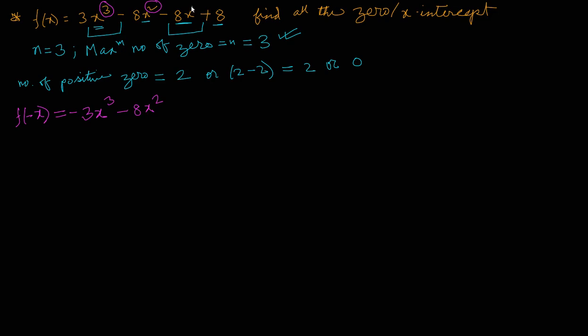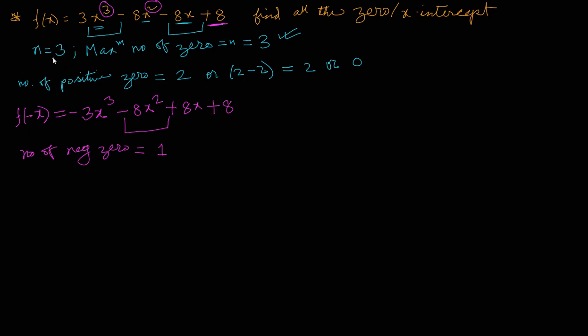This is x to the power 1, which is odd, so I change negative to positive, so it is going to be positive 8x, and do not change the sign of the constant, which is positive 8. Now let us see how many sign variations I have. I have only one sign variation. So the number of negative real zeros is going to be 1.